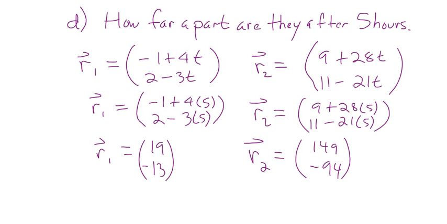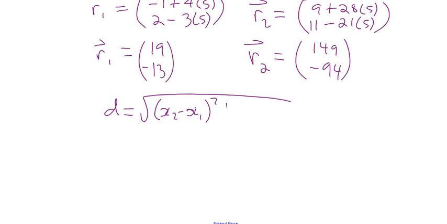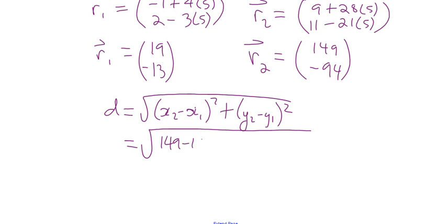Okay, how far apart are these guys? It's a distance formula, right? 149 minus 19 is 130. What's D equal to? Plus the other difference.